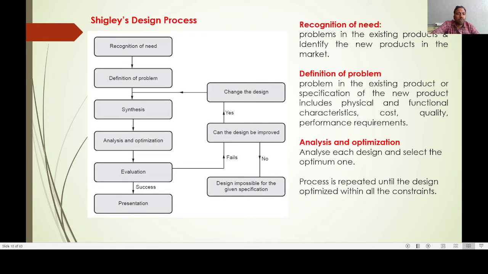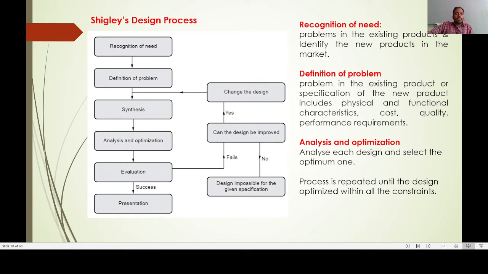The definition of the problem is the study of the existing product and the new product which will come to the market. That includes the physical and functional characteristics and also the cost, quality and performance requirements of the product. Next, analysis and optimization.